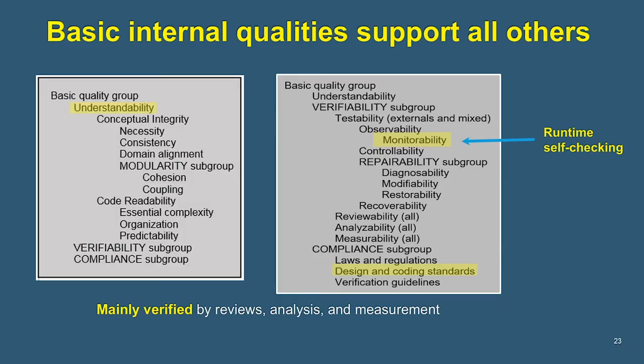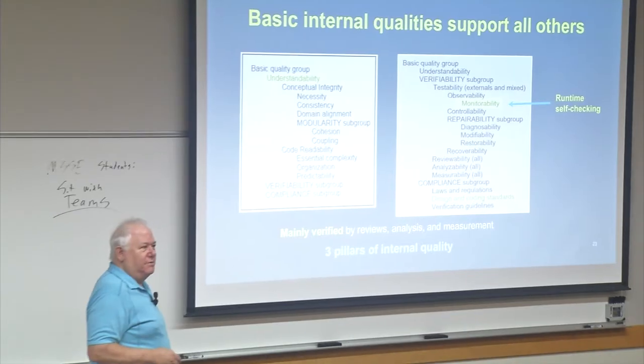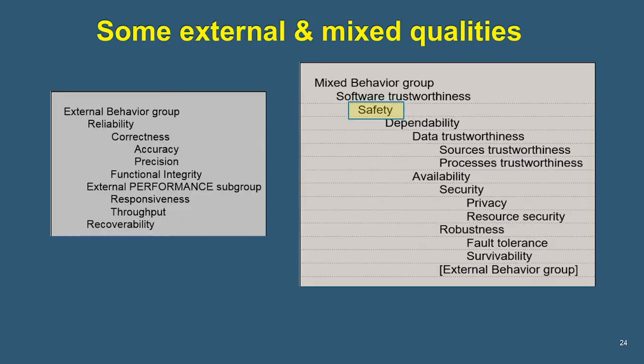Now, we got some of the things like monitorability and controllability that, yeah, actually require a little testing, but mainly that's not what it's about. Runtime, self-checking, design and coding standards, understandability. For me, three pillars of internal quality. And I care a lot about this. The customer will never see it. They'll see the consequences of not having it, but they'll never see the consequences of having it.